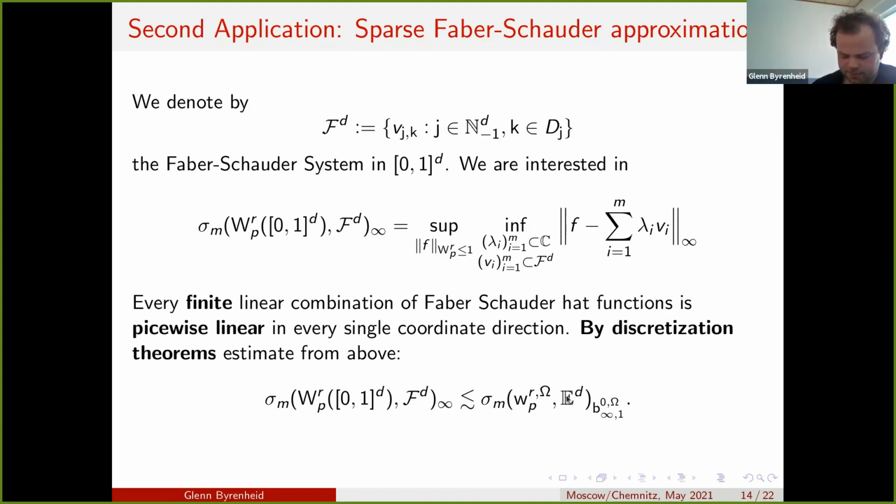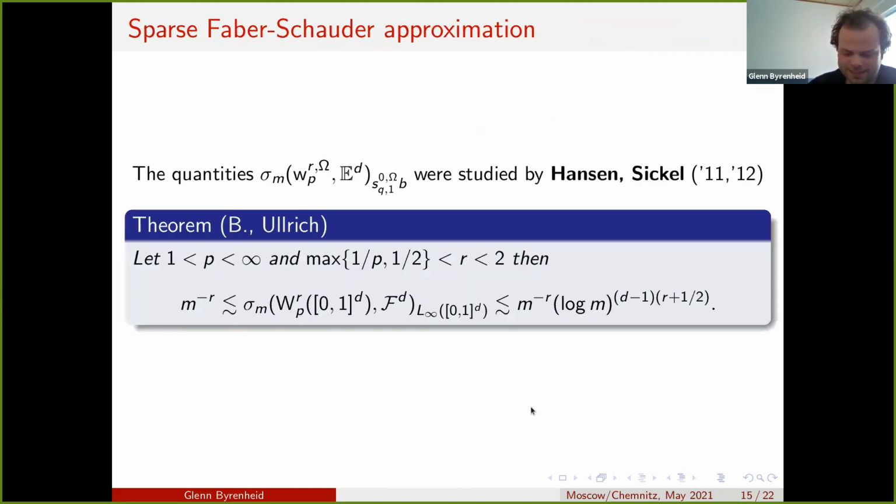And this dictionary here is simply the unit vectors in sequence spaces. So we have a discretization, and these widths on the right-hand side were very well studied by Hansen and Sickel in 2010, 2011, 2012.